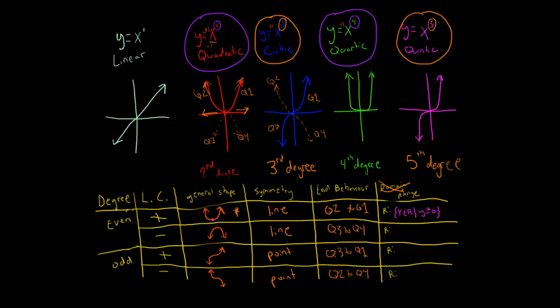And then the same thing for a negative. Y is an element of all real numbers, but y must be equal to or less than 0, because upside down the greatest point that it will be would be 0 if it has no transformations.